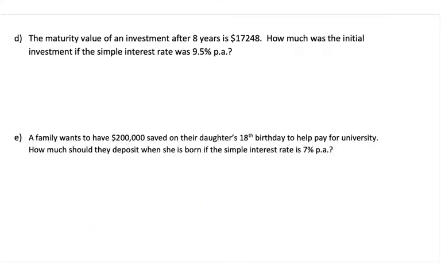Okay, lastly, I just want to end with 2 more interesting ways to ask questions about simple interest. So remember from the formula sheet that S equals P times 1 plus RT. We'll need a variation of that, but let's look at the question itself. It's telling us now the maturity value is this amount.